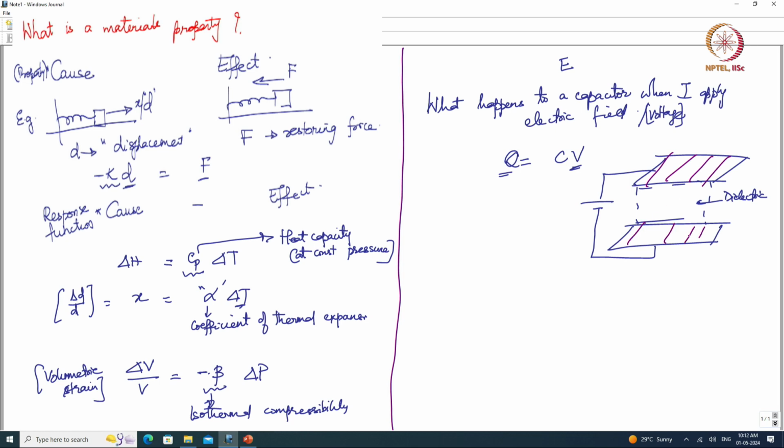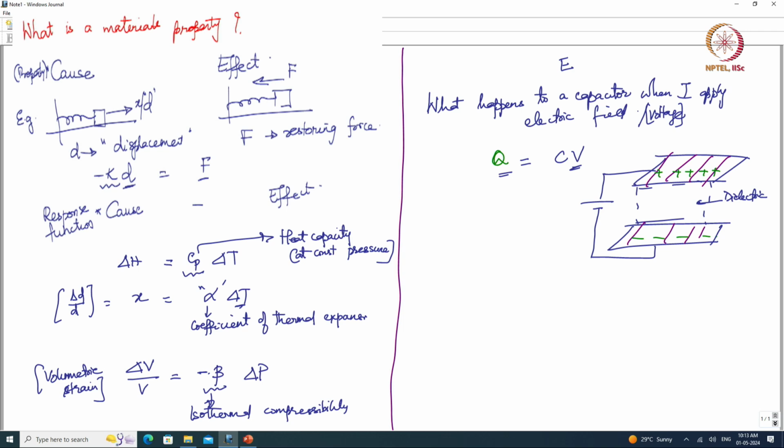Okay, so by applying voltage, what I am doing is I am actually putting some positive charges on this plate and negative charges on this plate. So I am actually storing charge, right. So how much charge am I storing? That is Q. Now, that Q is given as C times V, where C is the capacitance of the material, right.